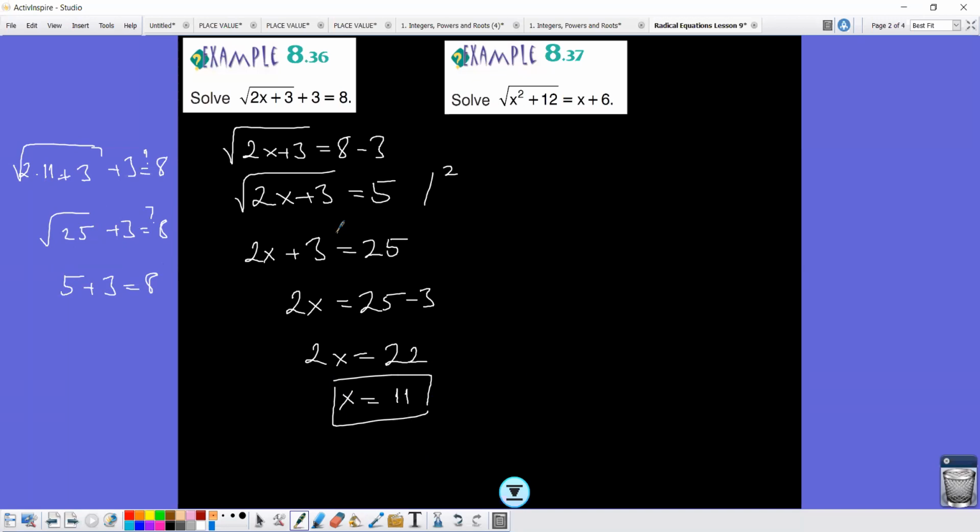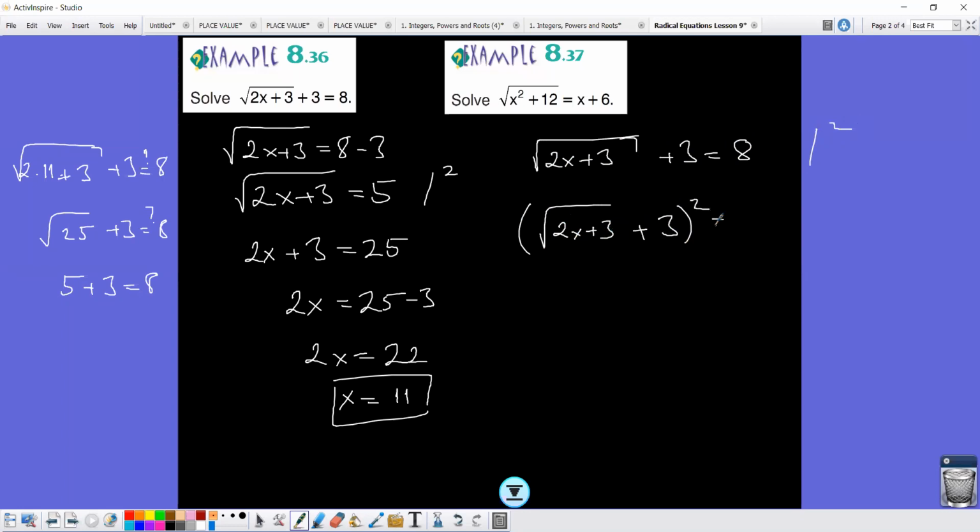Why am I saying that we need to take this 3 to the other side, to have only the radical expression on one side? Look, if you try to solve directly, root of 2x plus 3, plus 3, is equal to 8, and you take the square, it will be root of 2x plus 3 plus 3, squared, is equal to 64. Here you have to take the binomial square.